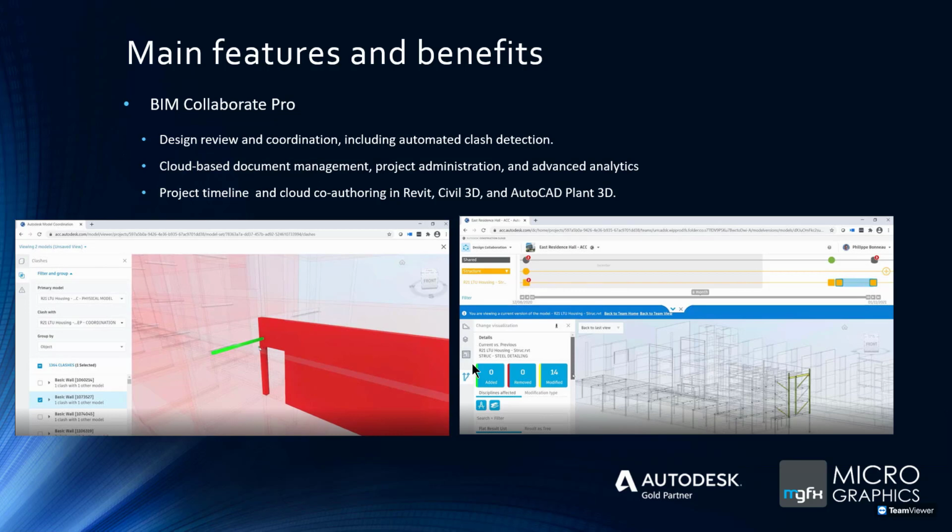Right, then on the right image, the second one, there's cloud-based document management, analytics, and that sort of thing. So on the left picture is basically the clashes. On the right is an image of changes that have been made, kind of version management.